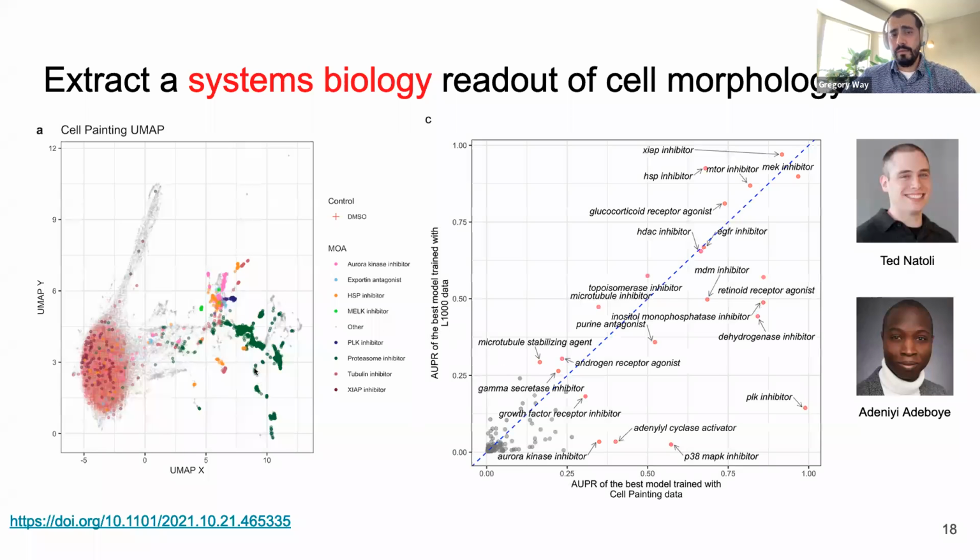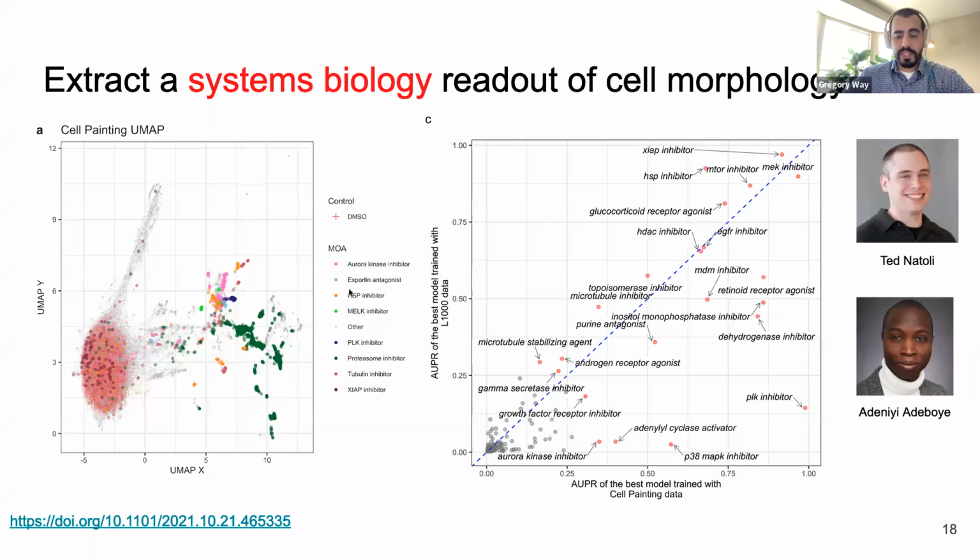And because we had matched L1000 data with the cell painting readouts, we can train machine learning models to predict the compound mechanisms. So I should note that we didn't just randomly choose the drugs. These were all drugs that were annotated fairly robustly through the Drug Repurposing Hub effort.